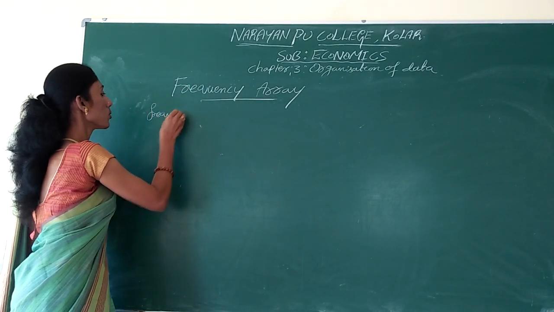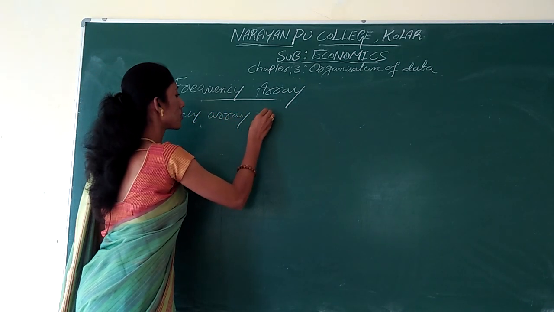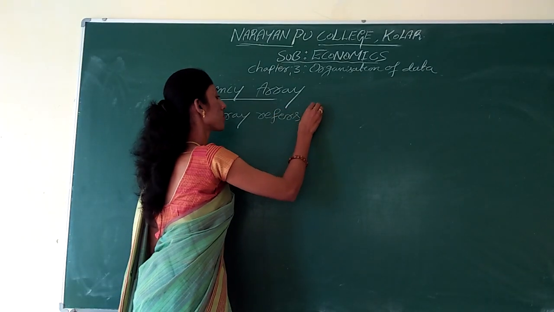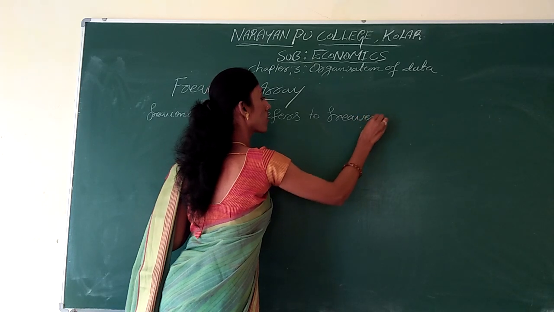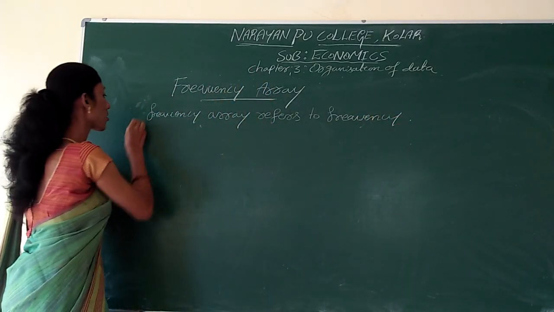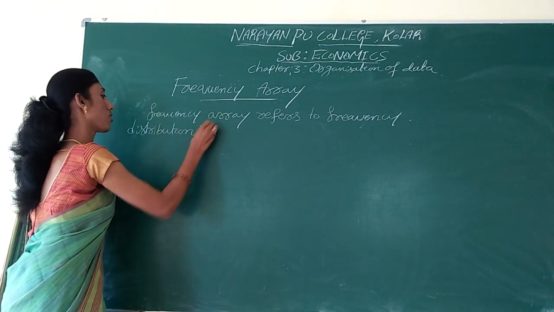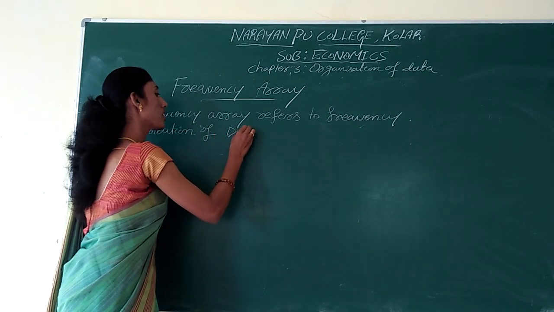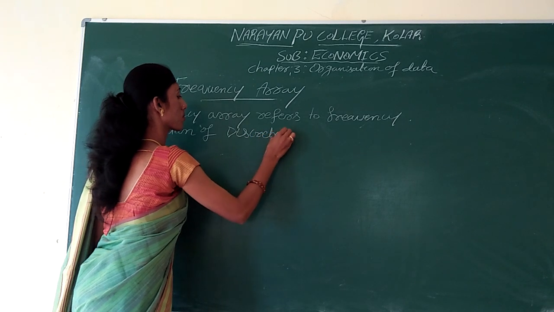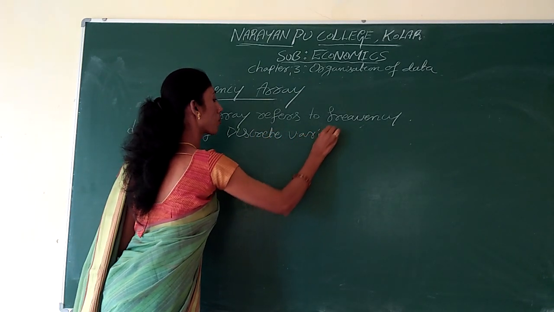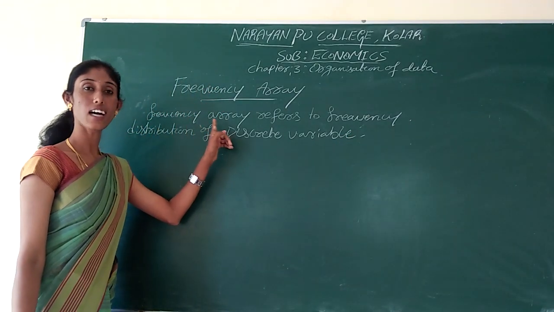Frequency distribution of a discrete variable is nothing but a frequency array.